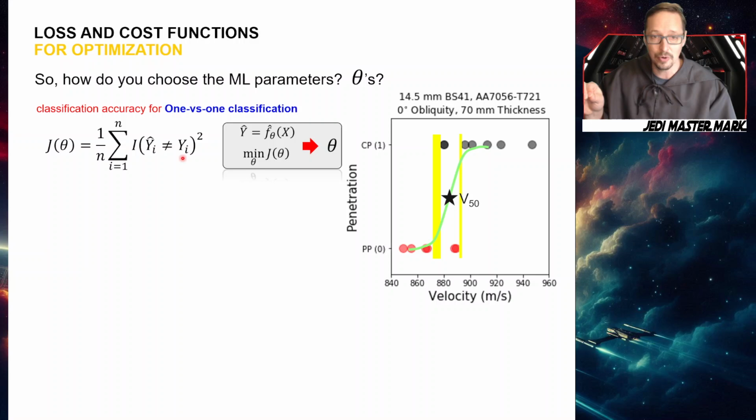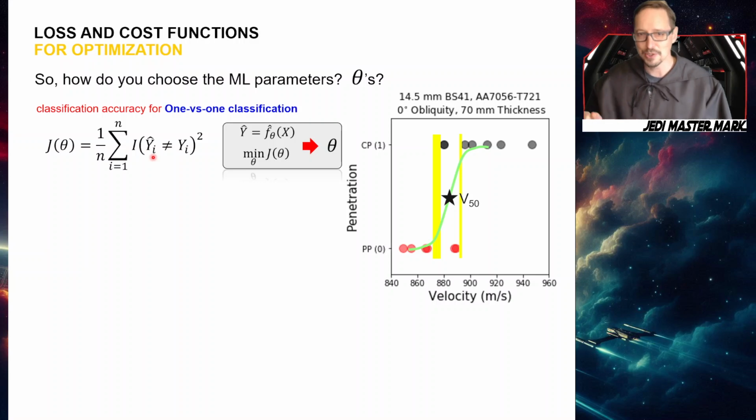These are 0 or 1. And you could look at whether your model prediction is equal to that. So you could compute your model prediction, round to either 1 or 0, and use an indicator function of whether it captures that. Now, that's not the best loss function for these type of problems.